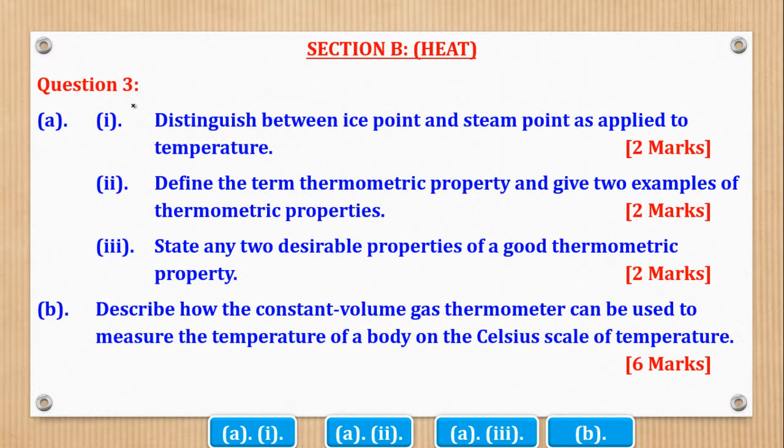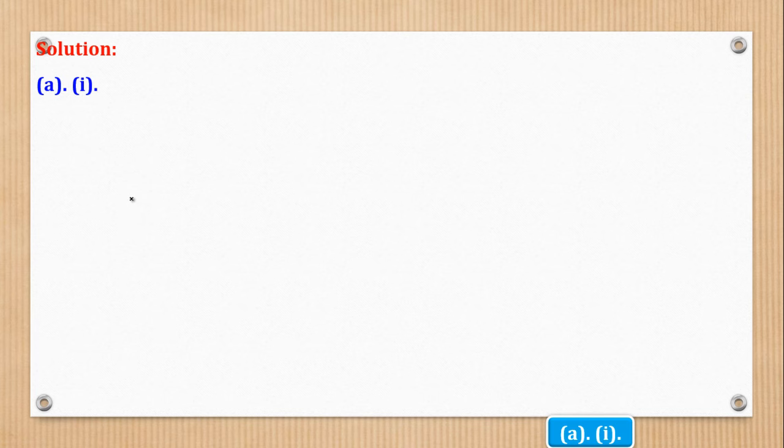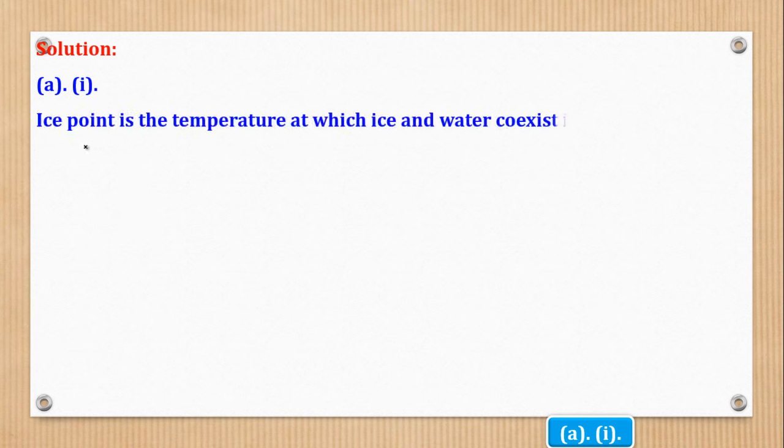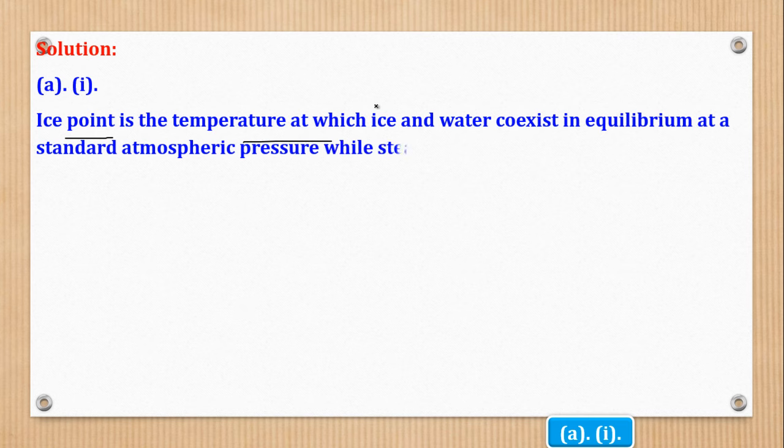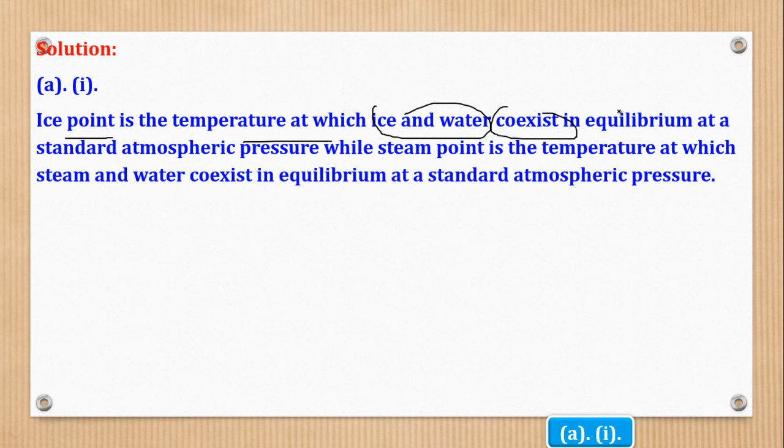Now we shall go to section B, which is under heat. Question 1 says, part A Roman 1, distinguish between ice point and steam point as applied to temperature. So we shall say that ice point is the temperature at which ice and water coexist in equilibrium, but at a standard atmospheric pressure.